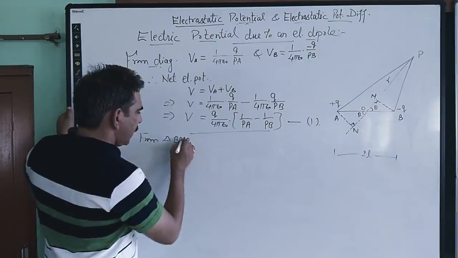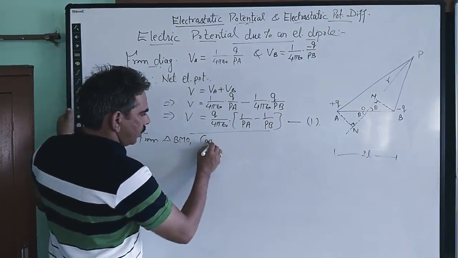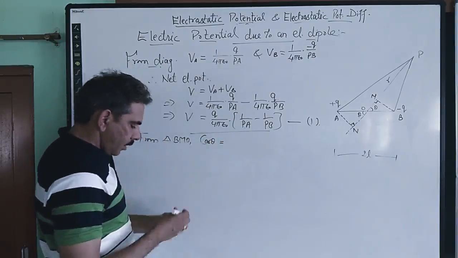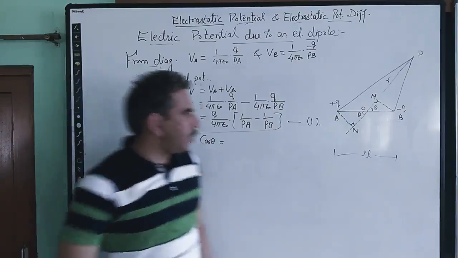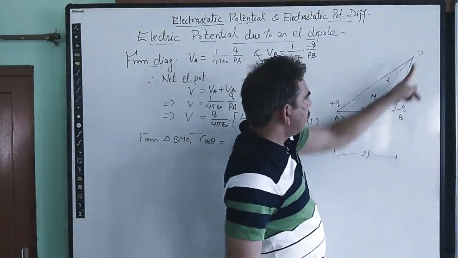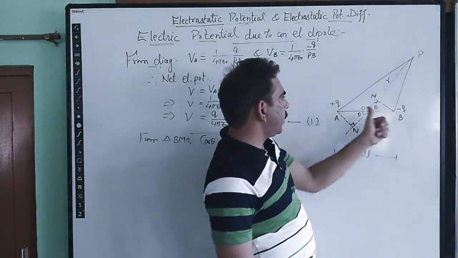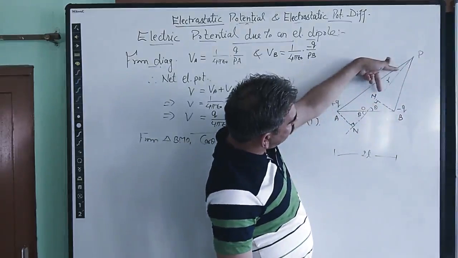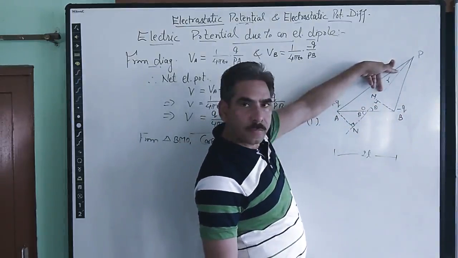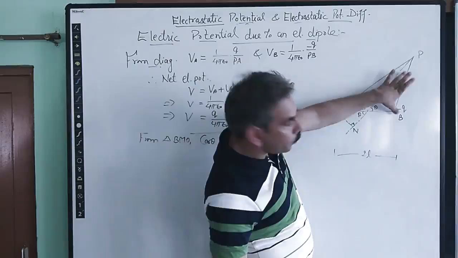So from that triangle, let me take cos theta. Why have we drawn these perpendiculars AN and BM? Because in that case, this distance PB, which we need to calculate, becomes very nearly equal to PM. So we have to find PM, which will be very nearly equal to PB.